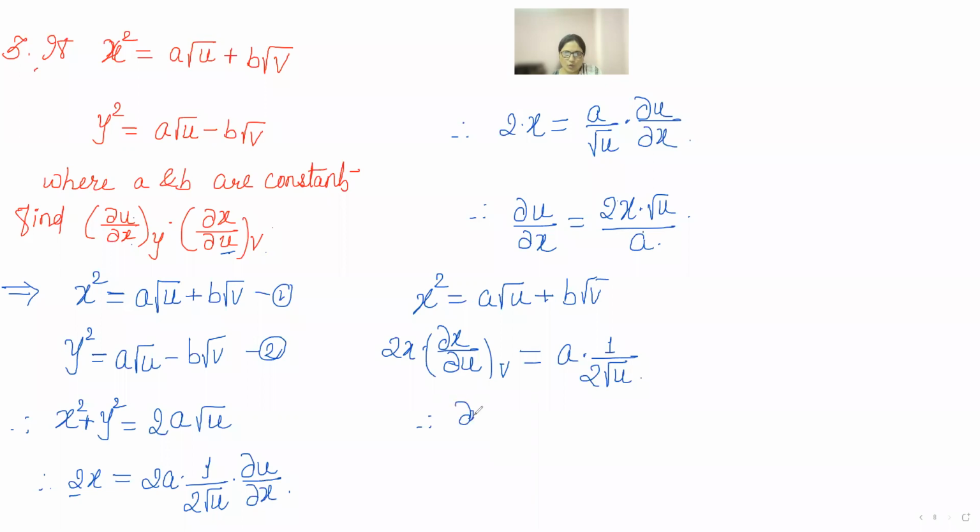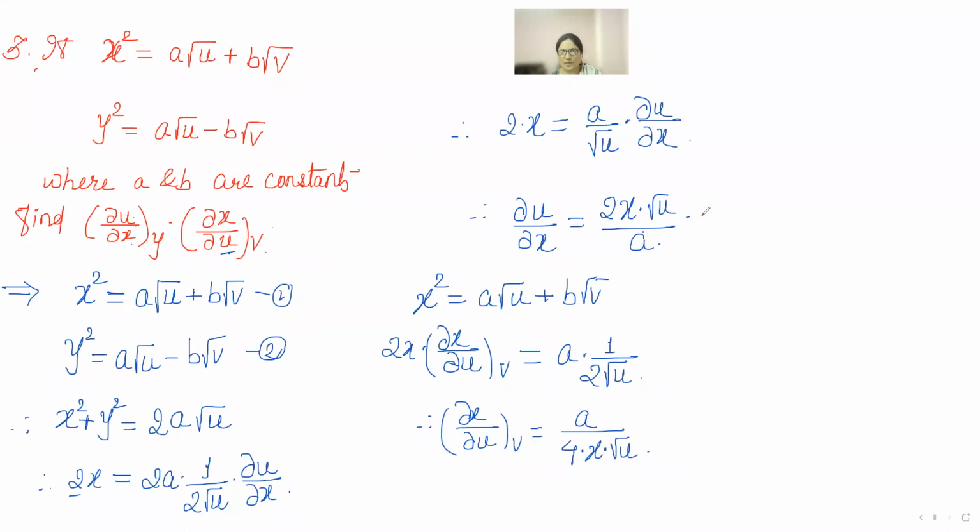Therefore, dou x by dou u keeping v constant is equal to, 2 cancel? Or it will be 4. It is 4. So a divided by 4 into x into root u.